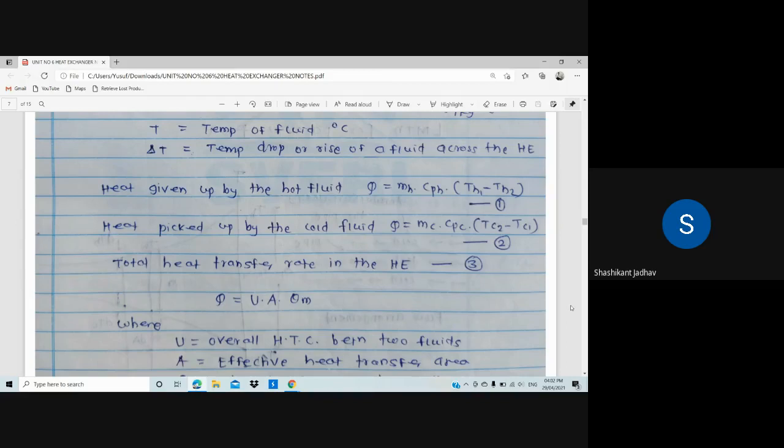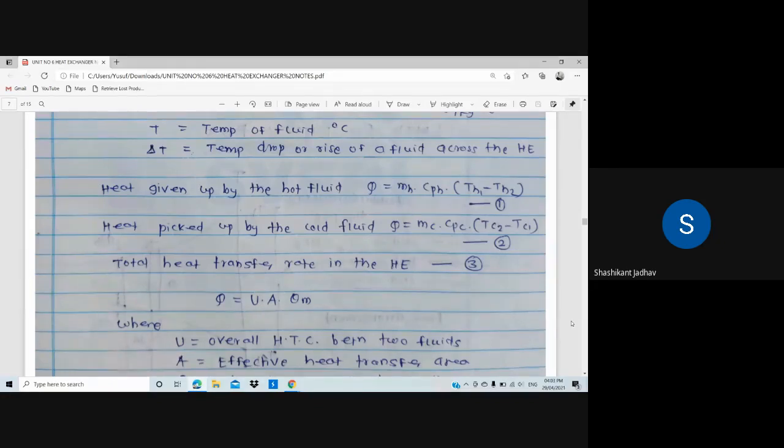This is the total heat transfer rate in the heat exchanger. Write down that equation: Q is equal to U into A into theta m.